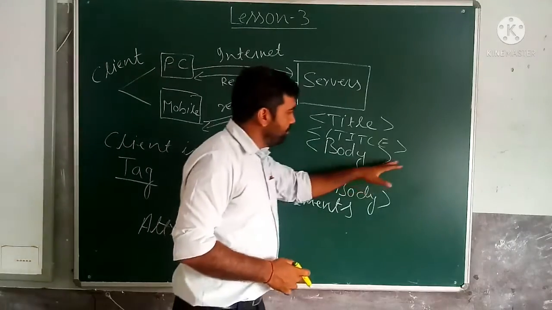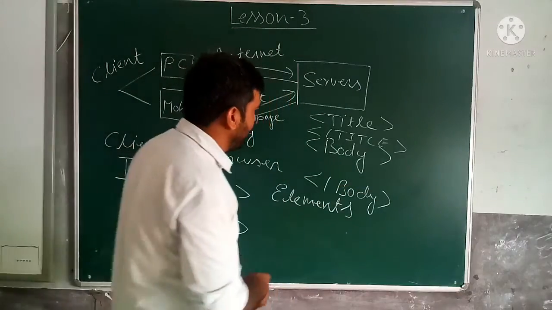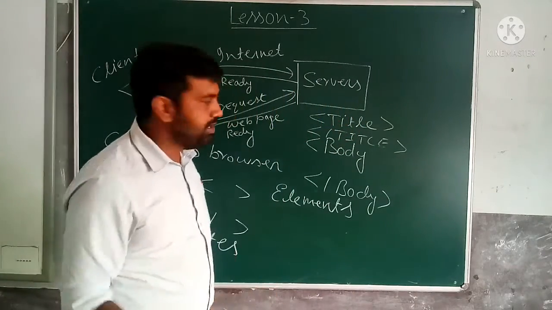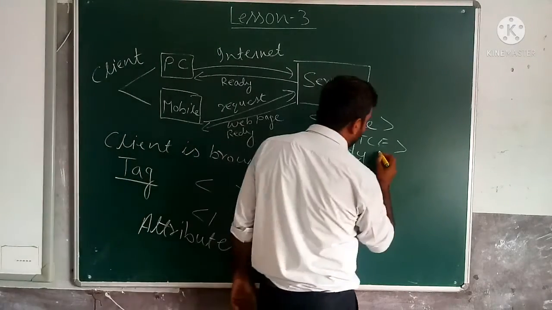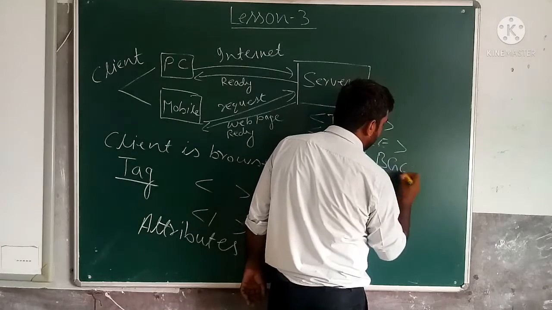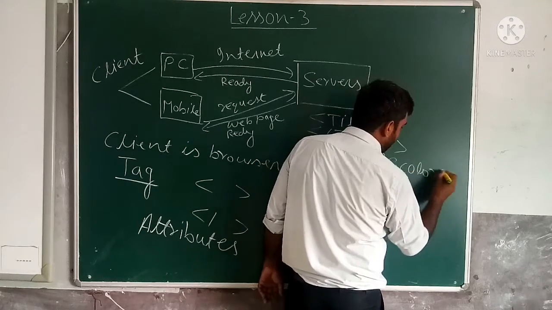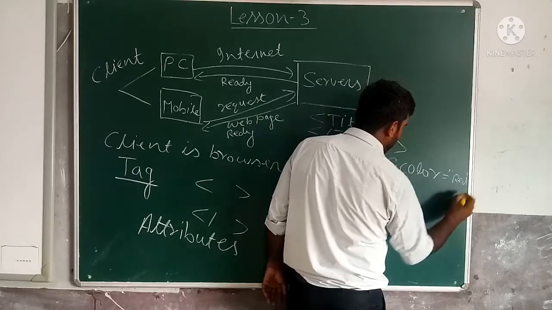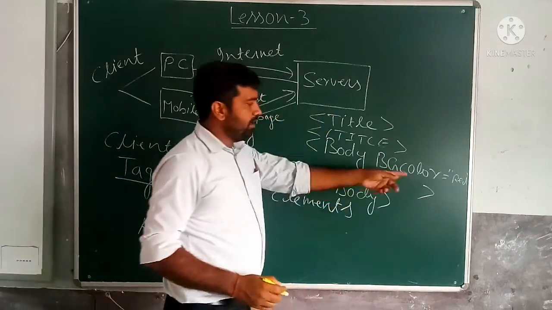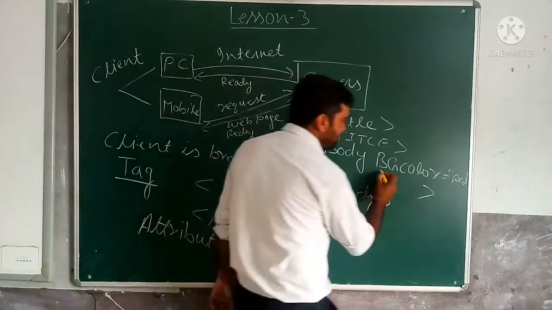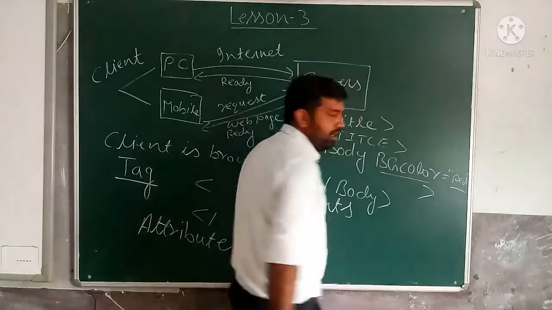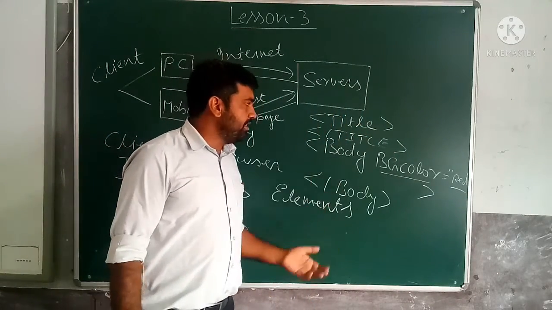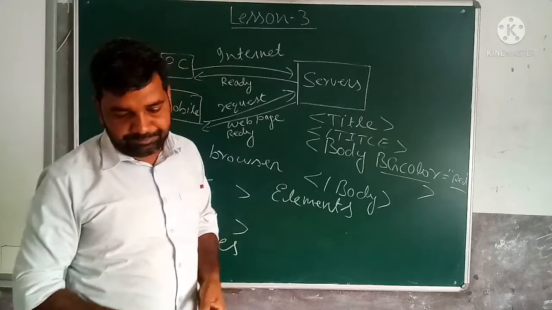Inside the body tag we use different attributes. For the body we can set its background color, or set any image as a background. So we can add the body background color, bgcolor equals red. Here bgcolor is called the attribute and red is called its value. So attributes are the properties of the elements.